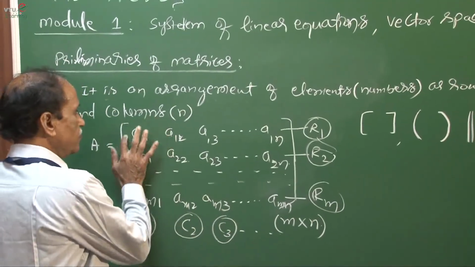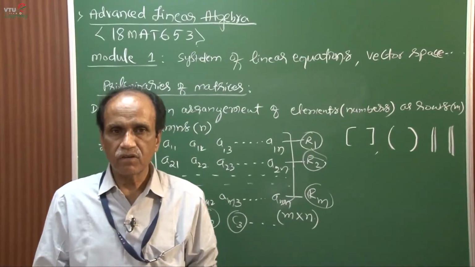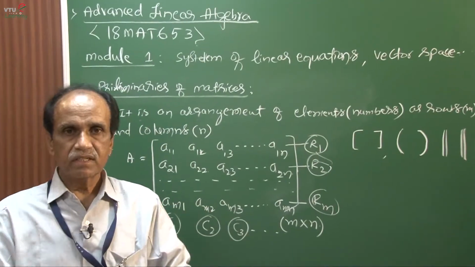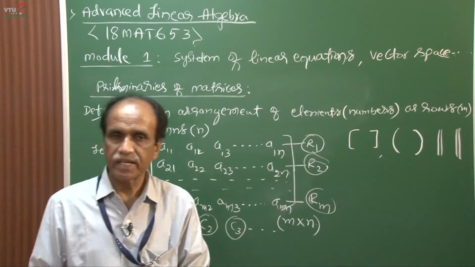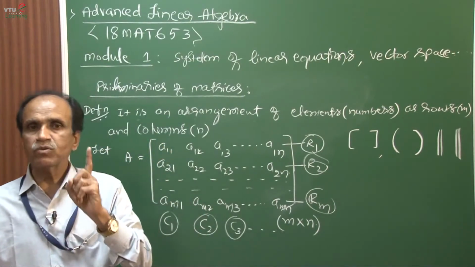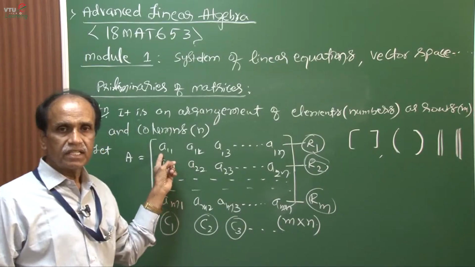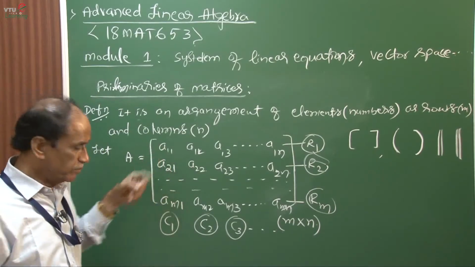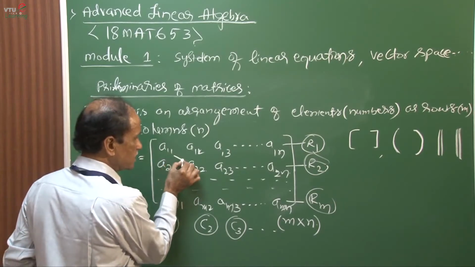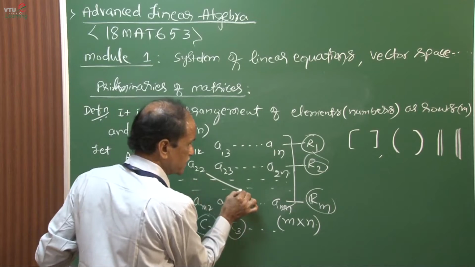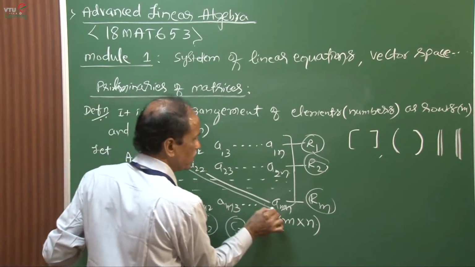A11 we call for any process. For example, in the case of row operations in matrix theory, we call it the pivotal element. This element is called the leading element, otherwise the pivotal element. This diagonal representation is called the principal diagonal.